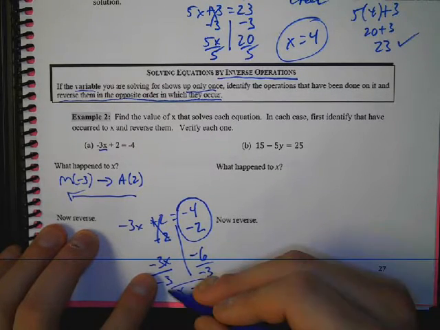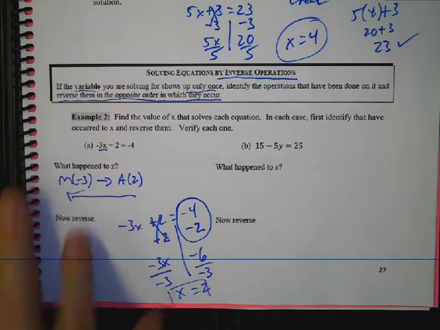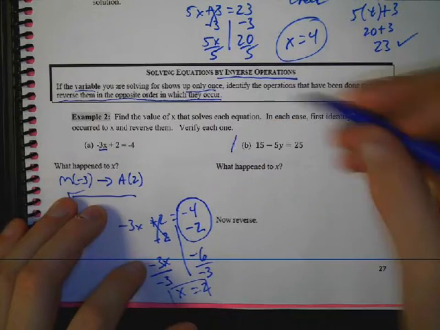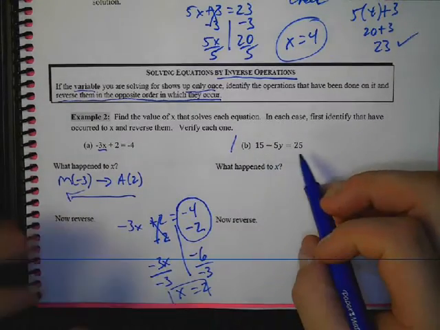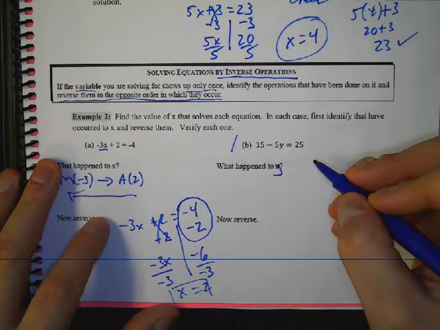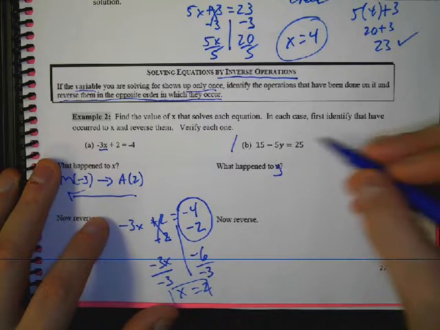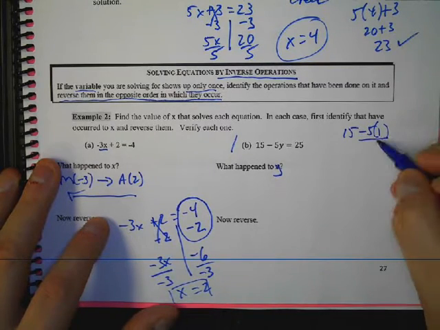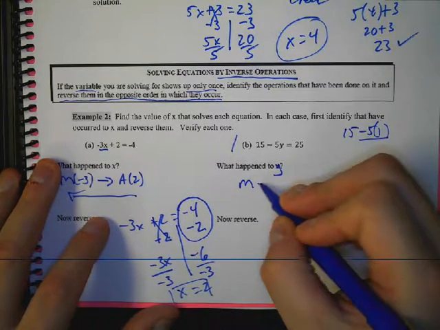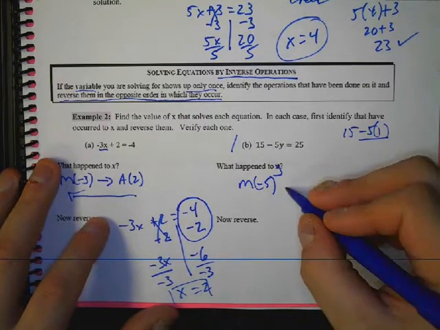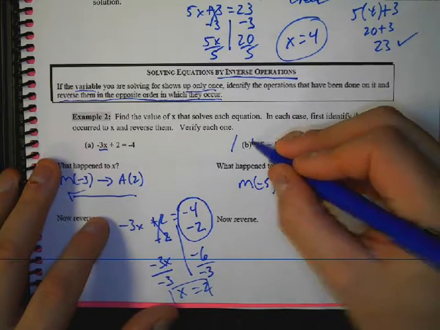15 minus 5y is equal to 25. So what happens to y in this case? Well, if I were to put a number in, like say 1, I would still have to multiply first. So I'd multiply by negative 5, because that negative goes with the 5. Then that's a plus 15, which means I'm going to add the 15, because it's a positive 15.